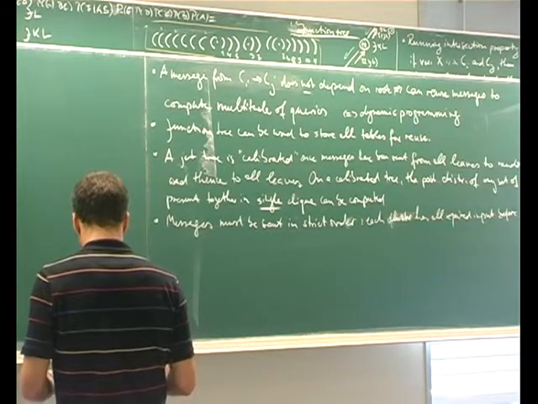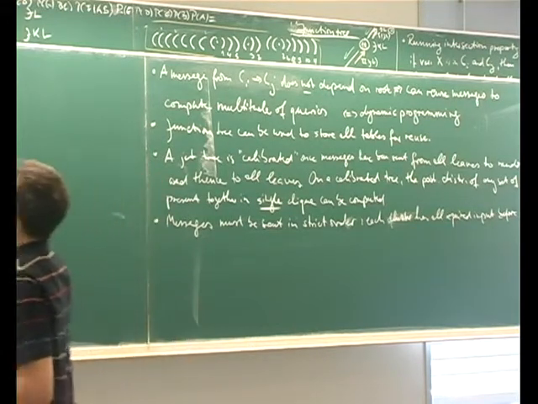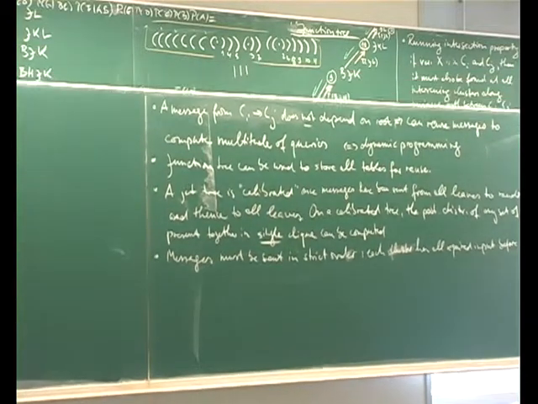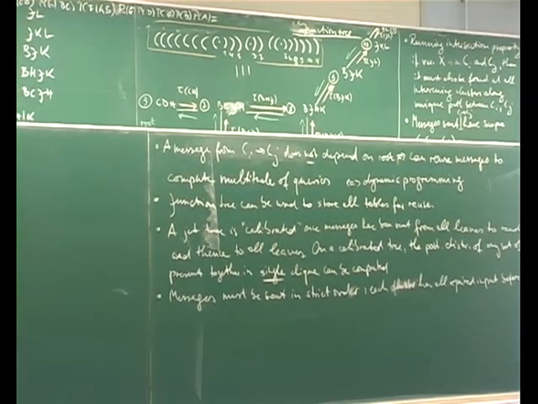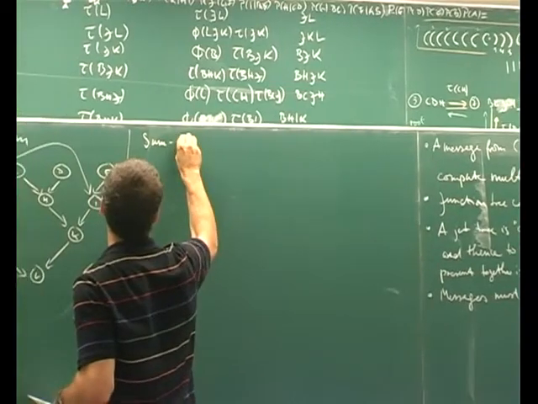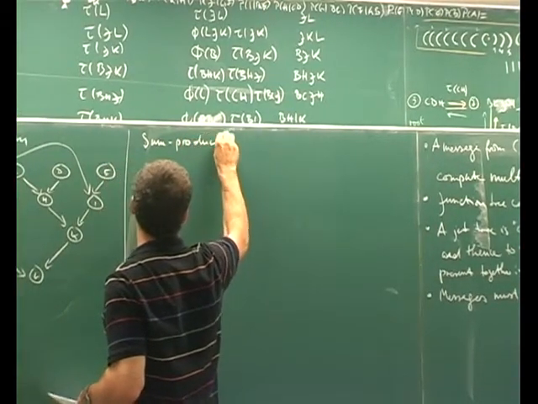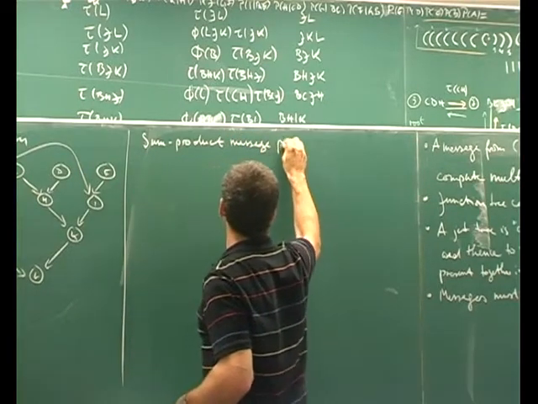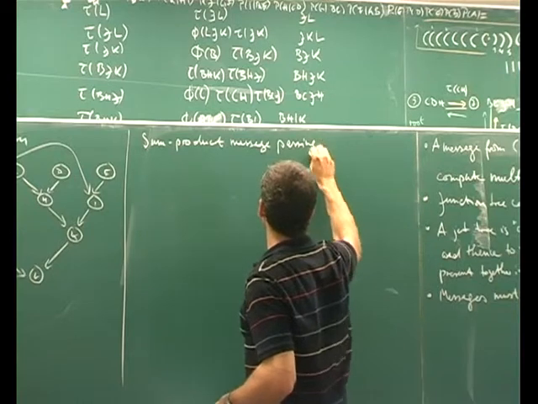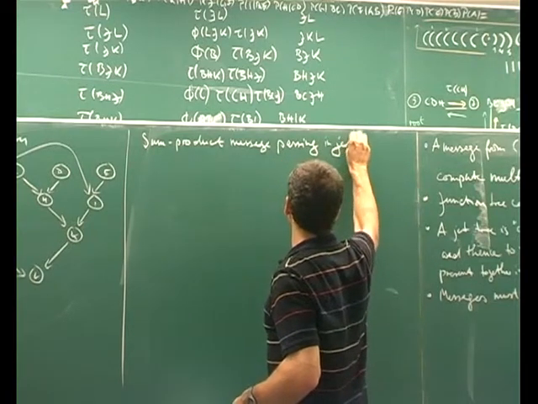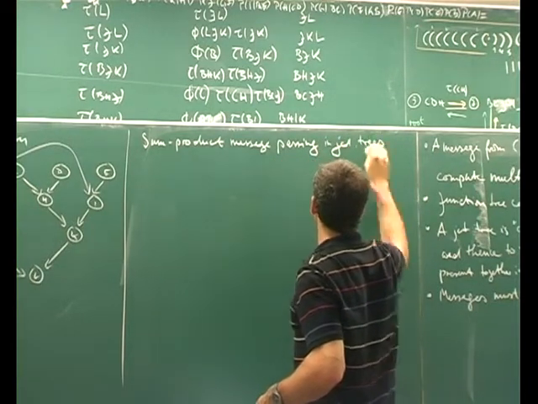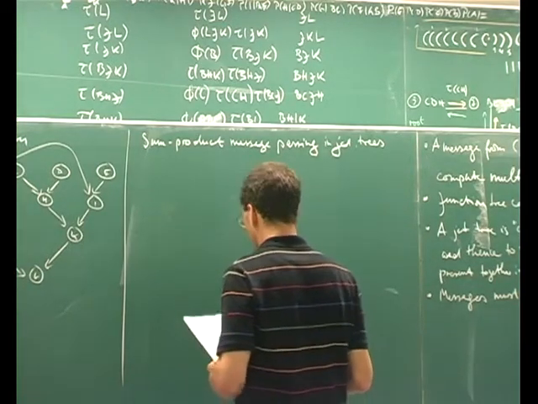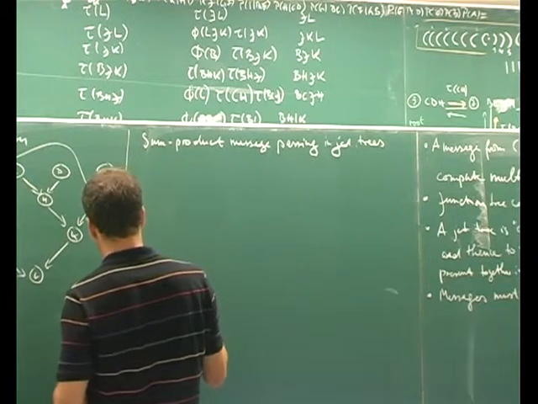And taken together, we can write down the sum product algorithm for message passing in junction trees, where messages look as follows.